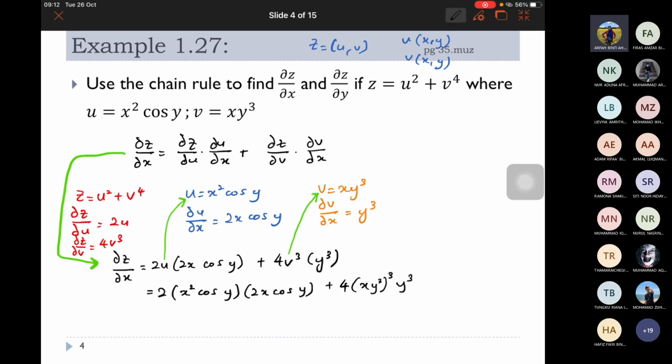So, dia akan dapat 2x kuasa 2 darab 2x. This one will become 4x cube cos squared y. Okay. Tambah 4x kuasa 3 y kuasa 9, 10, 12. Y kuasa 12. So this is delta z over delta x. Fine?